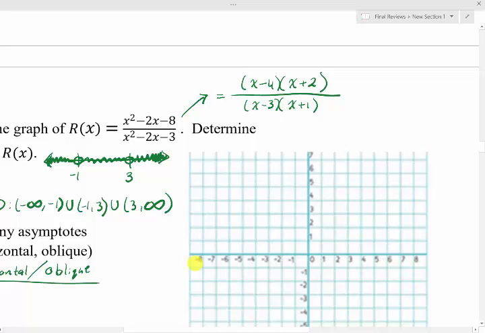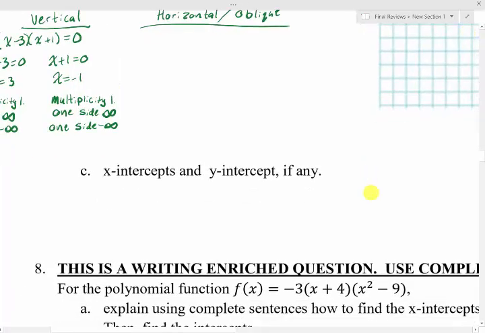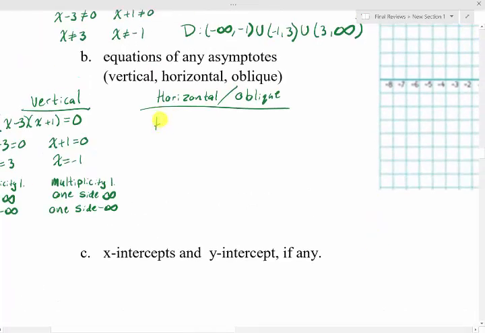If the numerator and denominator have the same degree, then we're going to have a horizontal asymptote of y equals the ratio of our leading coefficients.